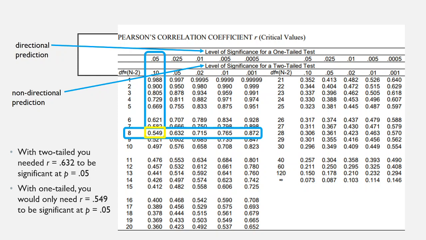This is technically an easier bar to achieve. It's easier to achieve significance with a one-tailed test. Hopefully, it's not the difference maker, one-tailed versus two-tailed. You would hope that it's significant either way, but since it can technically have an effect on your declaration of significance, make sure that if you want to use one-tailed, you make that prediction in advance.